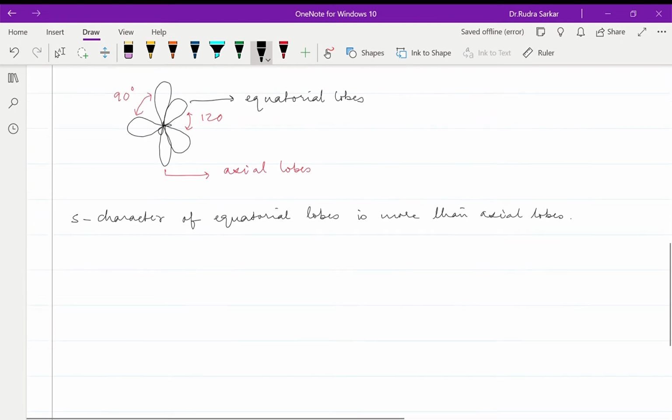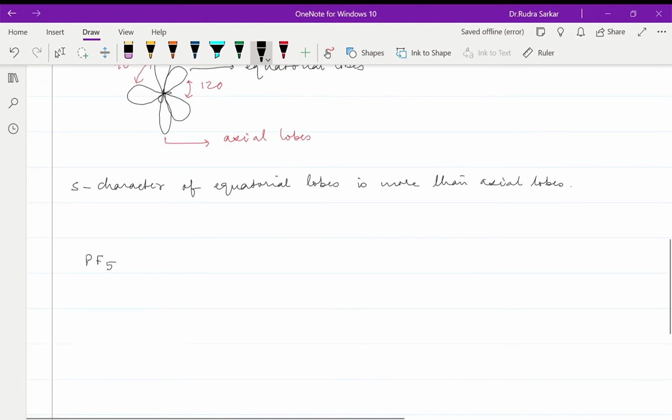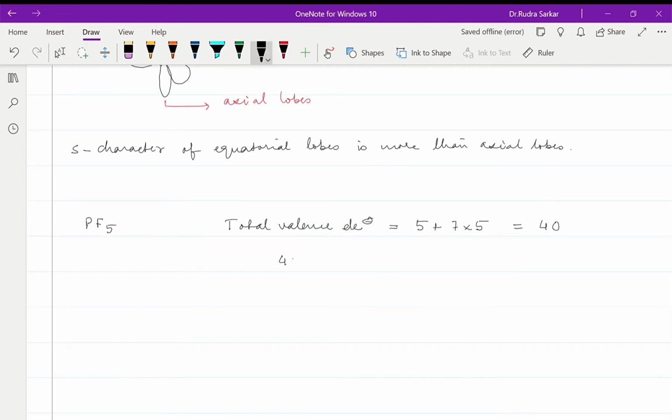Now suppose we are considering a molecule something like, say, PF5, and let us calculate the total valence electrons for this. So if we do that, we will say for phosphorus it will be 5, for fluorine it is 7 times 5, so the total count comes out to be 40. 40 is a number that is greater than 8, so we divide it by 8, and the quotient comes out to be 5.